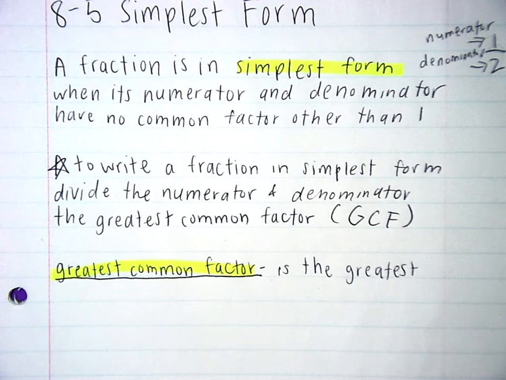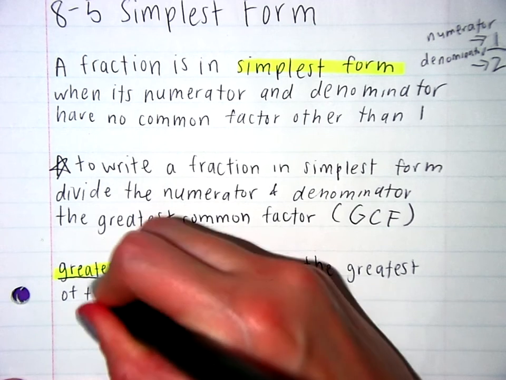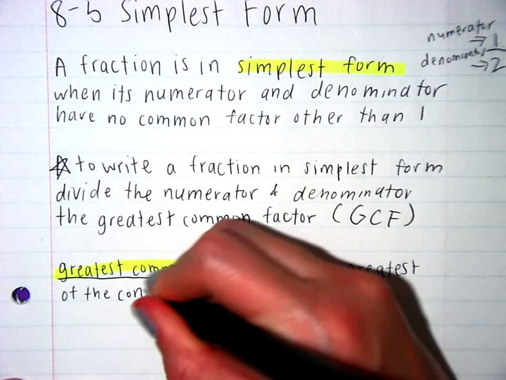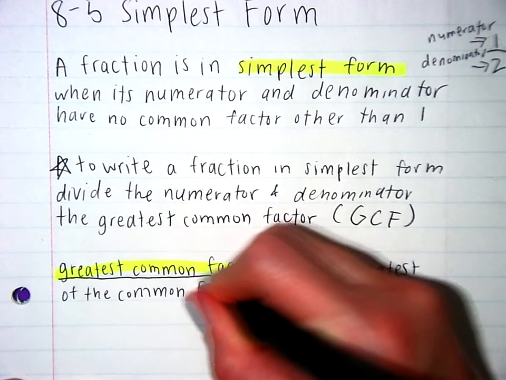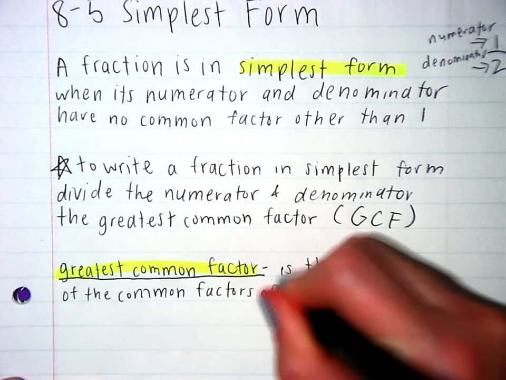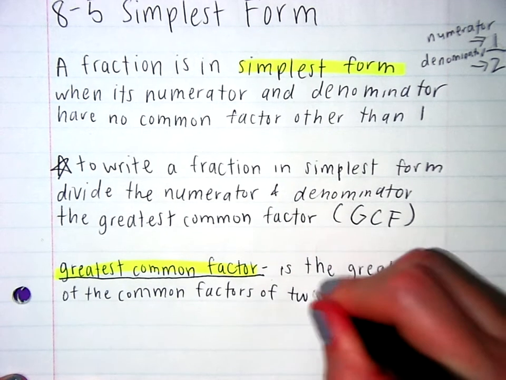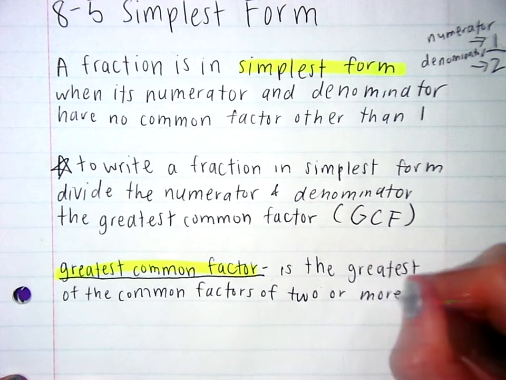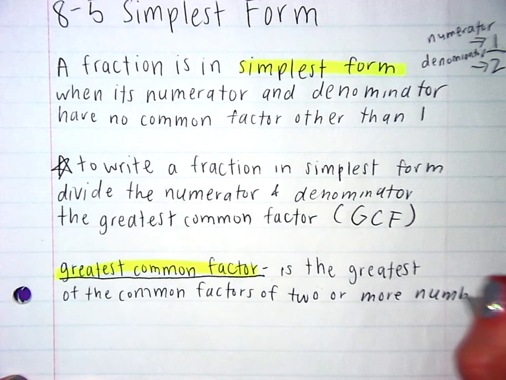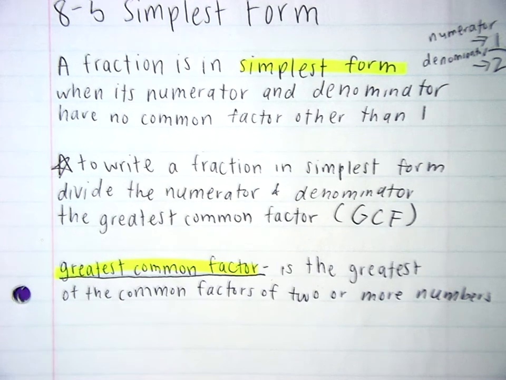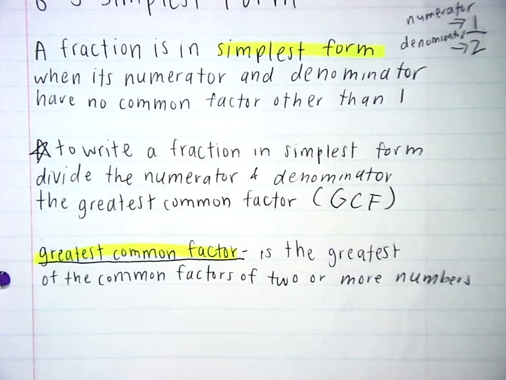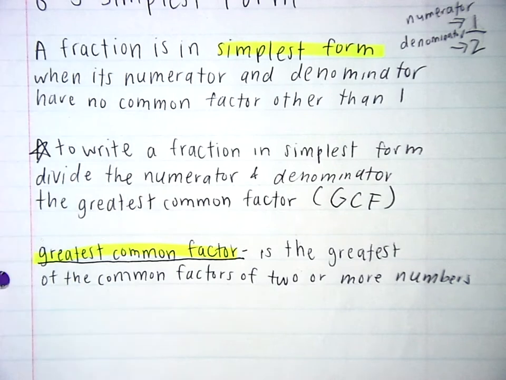You're going to choose the largest number. It is the greatest of the common factors of 2 or more numbers. So, it seems like a lot, and it is, but I promise once I show you what I'm talking about, you will get what I'm saying.